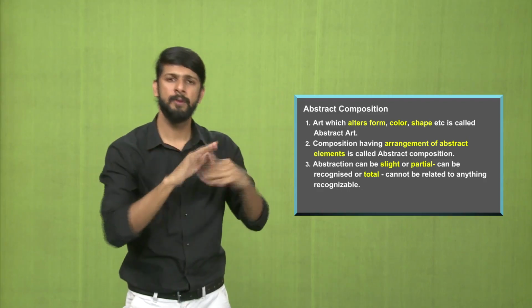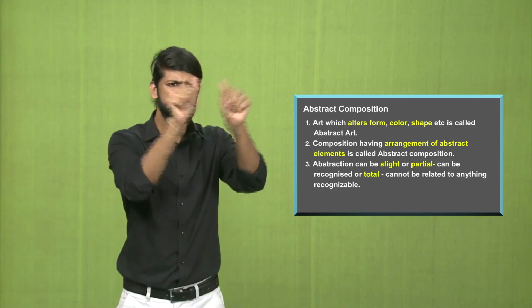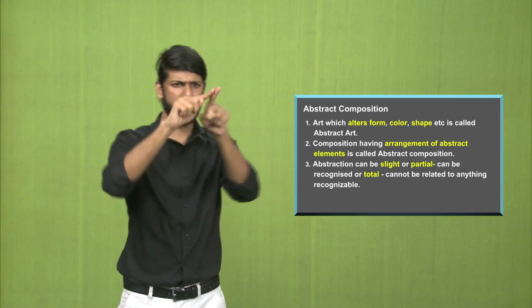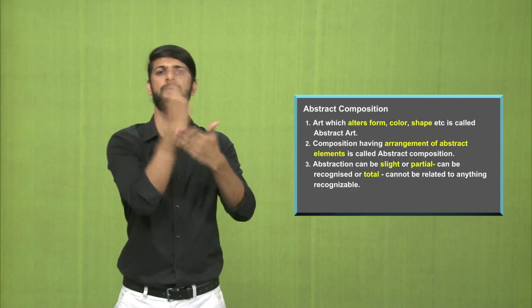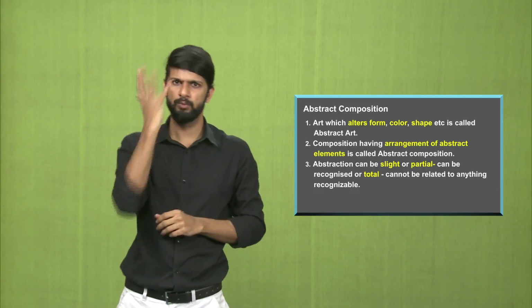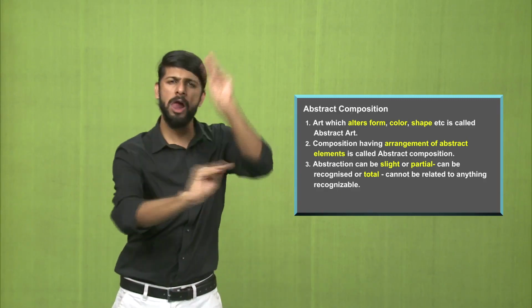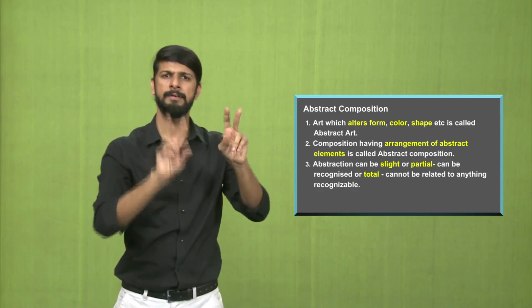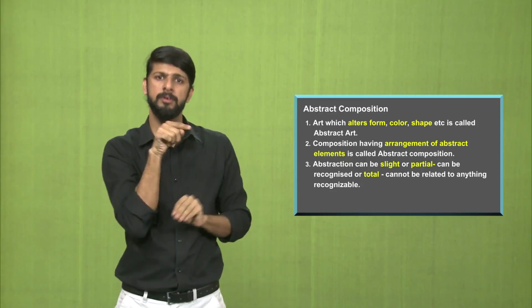For example, if the shape of a tree is made very fluid, or the forms or the shape of things which are usually, for example, a house, is altered. These kinds of things, when you play with the form, is called abstract art. Any composition which has such an arrangement of abstract elements is called abstract composition.